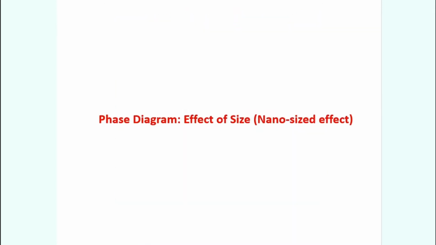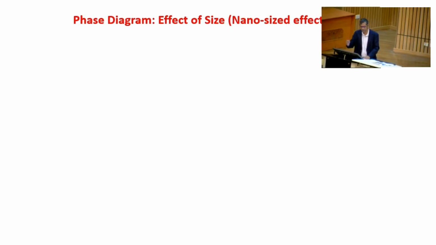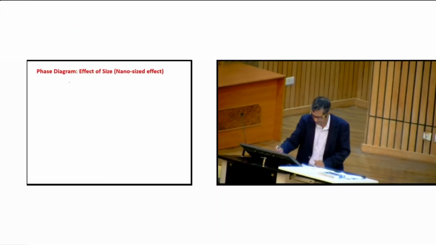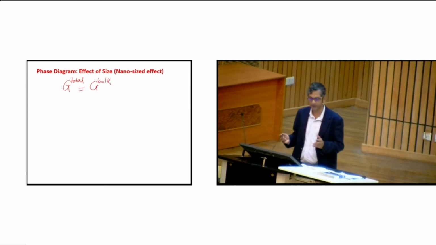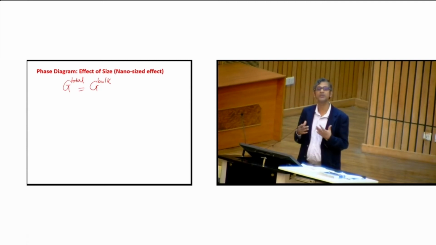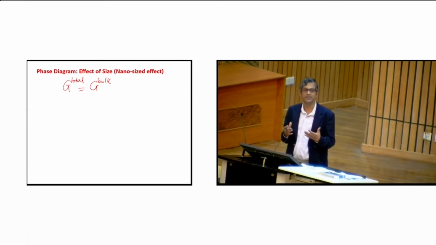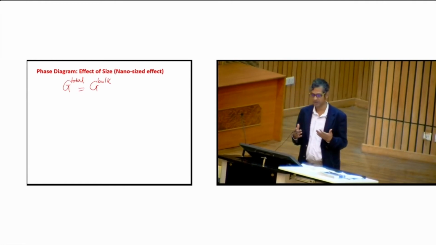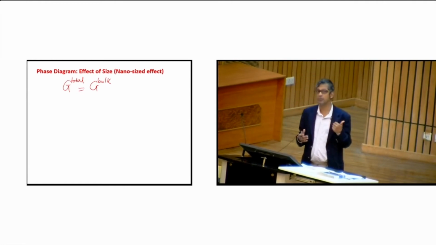Okay, now as you know, we are talking about the effect of size on the phase diagrams. So, what did I do? Very simple thing we did is that the total free energy of the system has two parts. One is the bulk. I am writing all as G because in metallurgy or materials science, we use Gibbs free energy predominantly. The physics community uses Helmholtz free energy.